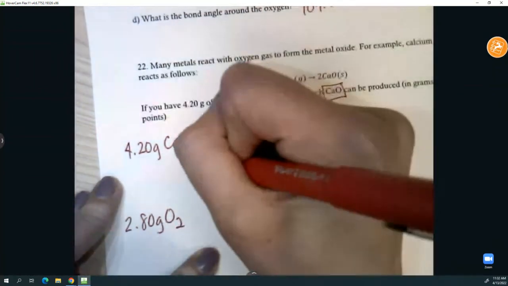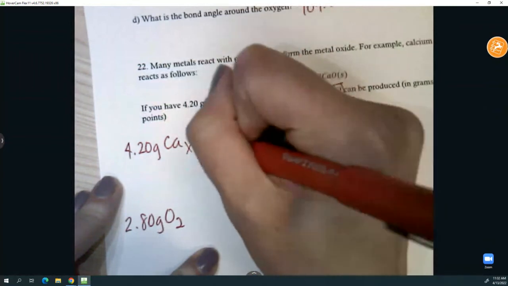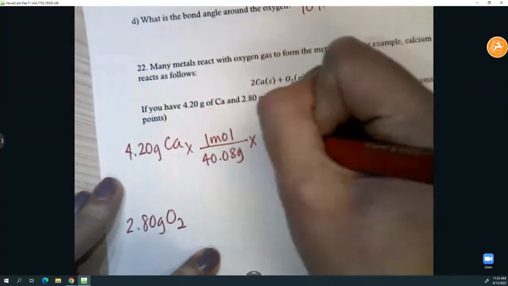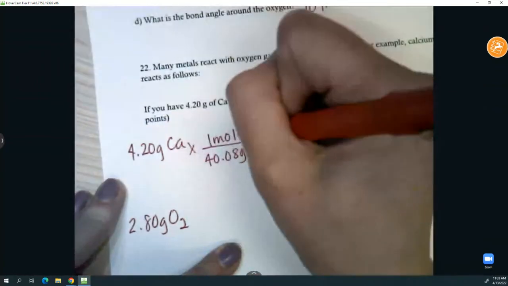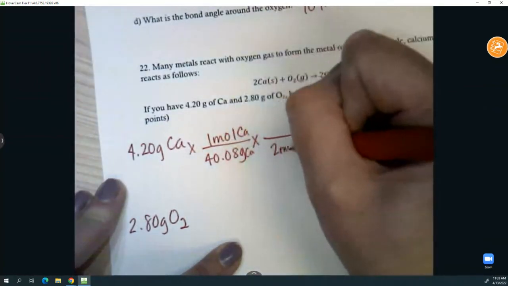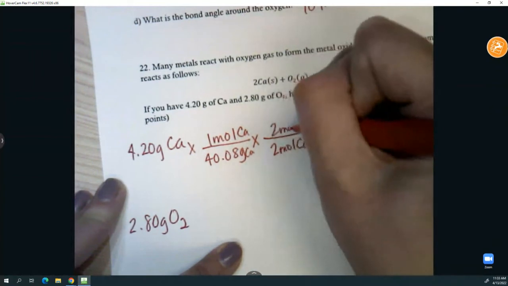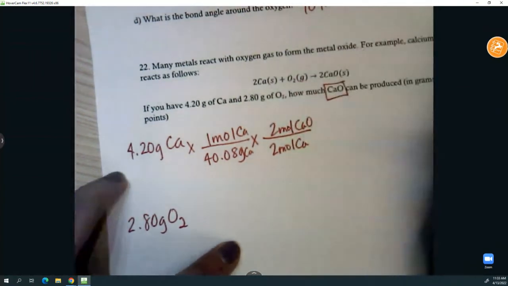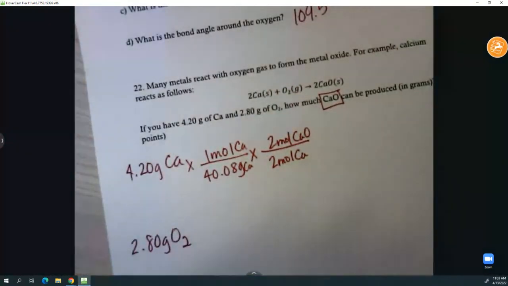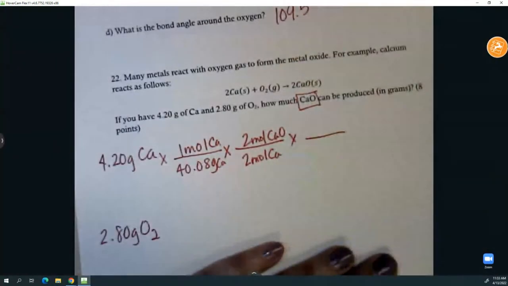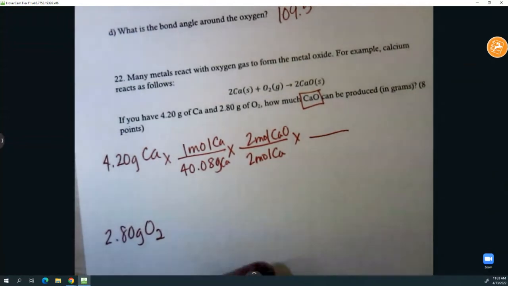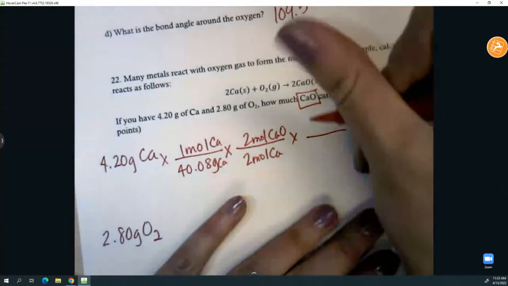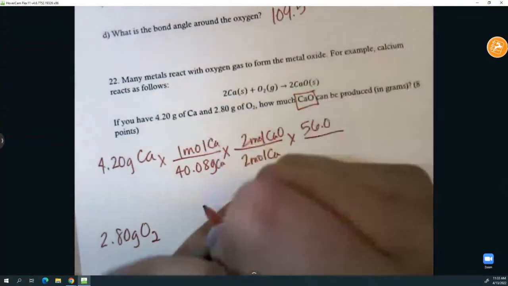All right, so molar mass of calcium, mole to mole conversion. Oh, let me put in calcium because now 2 moles of calcium on the bottom, 2 moles of calcium oxide on top. And now the molar mass of calcium oxide, which is 40.08 plus 16.00.